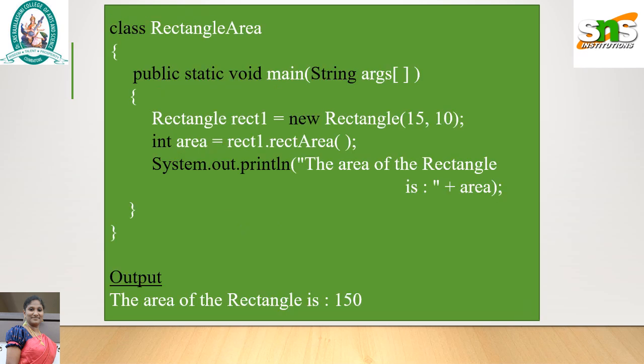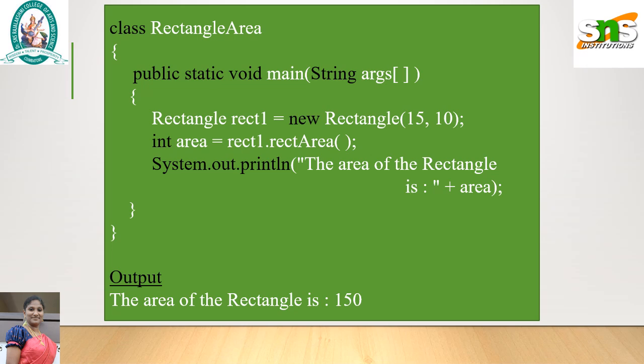See, the execution starts at main. When I'm creating an object rect1 with new Rectangle(15, 10), Rectangle is the constructor which takes two arguments. When this statement executes, automatically the control goes to the place where the constructor is defined.